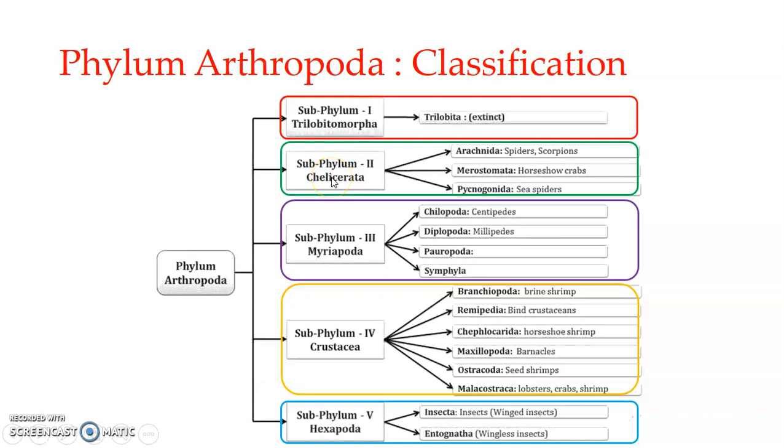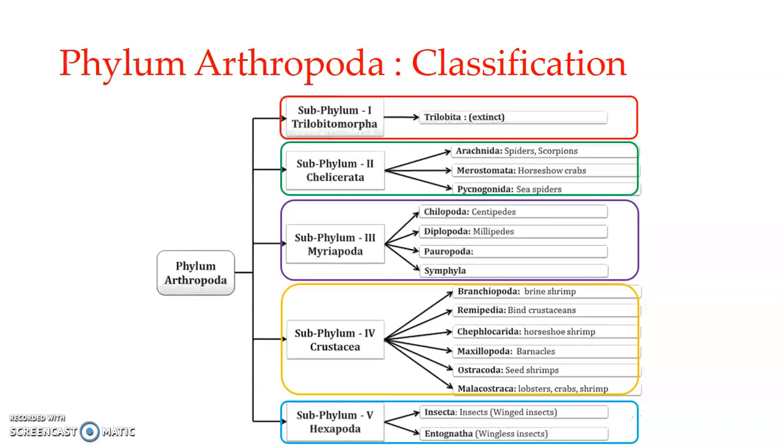Chelicerata: here the body is divisible into prosoma and opisthosoma, or otherwise referred to as cephalothorax and abdomen. And here the first pair of appendages are formed into chelicerae.